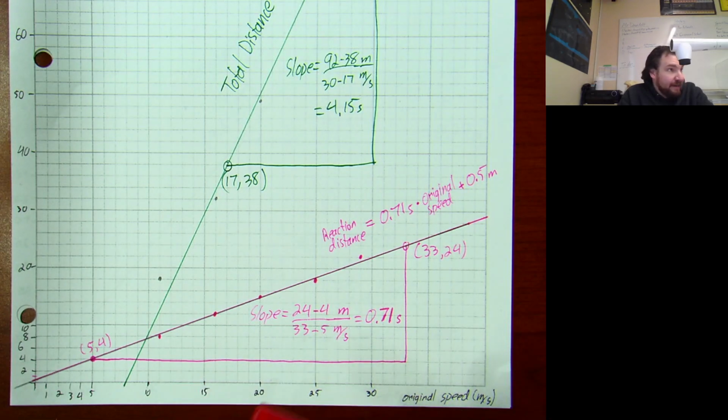Should that data point be considered on this pink graph? What that would mean is that there is no original speed, and if there's no original speed, then there's no reaction distance. Does that make sense? Okay, so 0, 0 would be a valid data point here. Okay, that's cool.